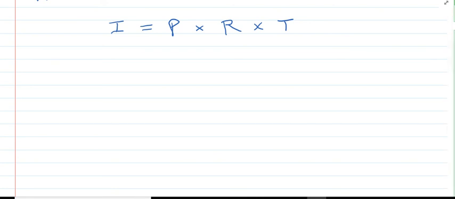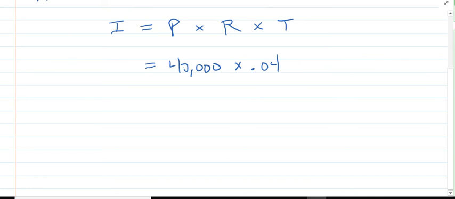So we know what the principal is: in Hope's case, the principal amount was $40,000. We know that the rate was 4%, so we want to put that into decimal form. We know from previous lectures and previous knowledge that that's 0.04.